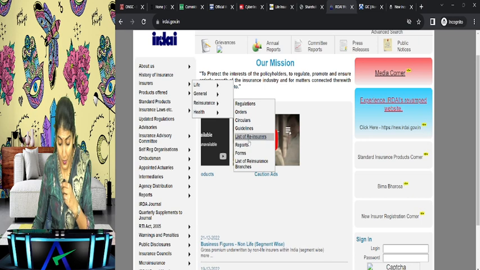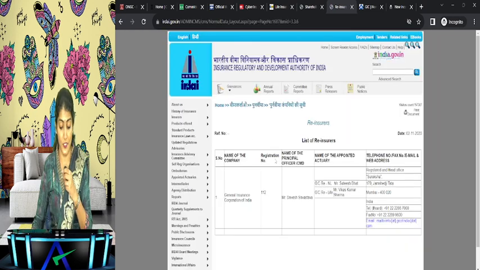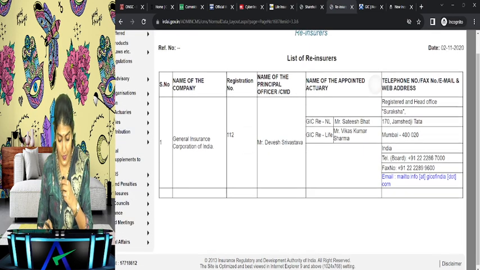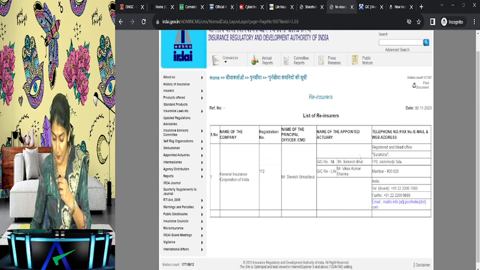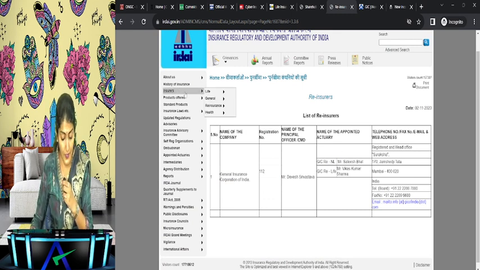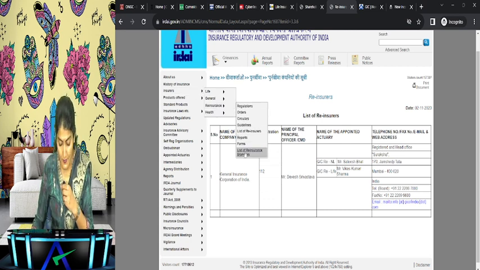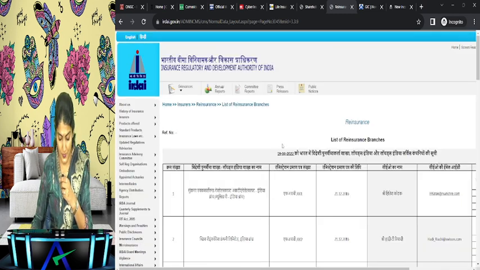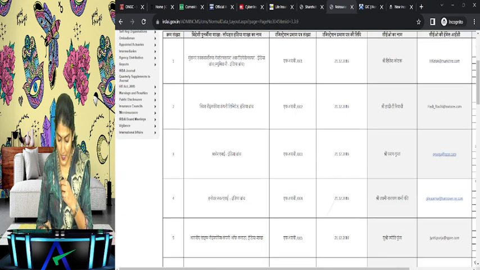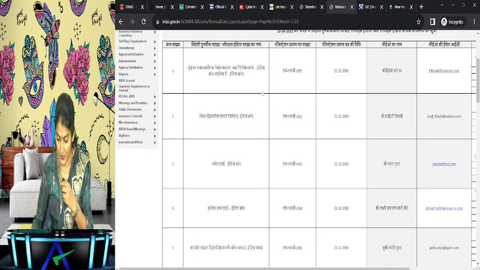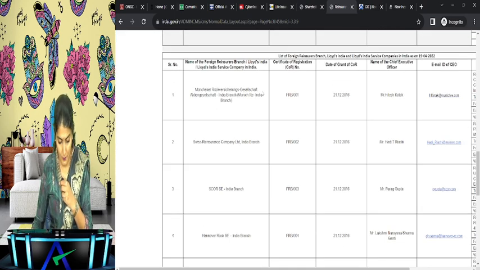Oh my God, look at the list of reinsurers given over there. The name of the company, registration number, and the name of the appointed actuary. Then you also have the list of reinsurance branches, where the reinsurance can be done. All those details are provided over there.